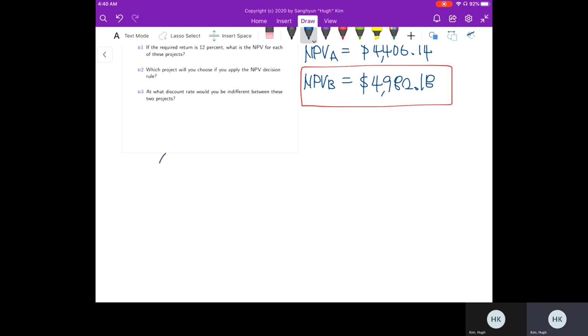So we have required rate of return on the x-axis and NPV on the y-axis. Because NPVs and discount rates move in opposite directions, we'll have a downward sloping curve. So for project A, we might have an NPV profile like this.